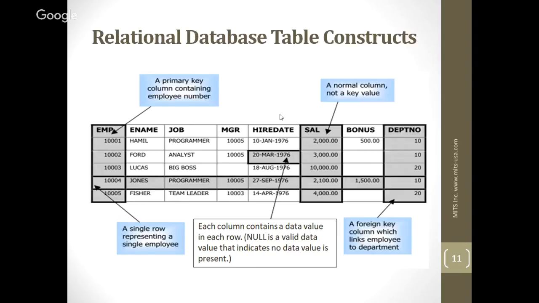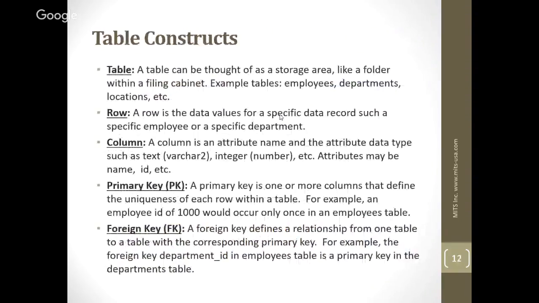So can any column be a foreign key other than the primary key column? A foreign key will always be a primary key data value from that same table or from a different table, because the purpose is to be able to navigate. You navigate by connecting these foreign keys and primary keys.